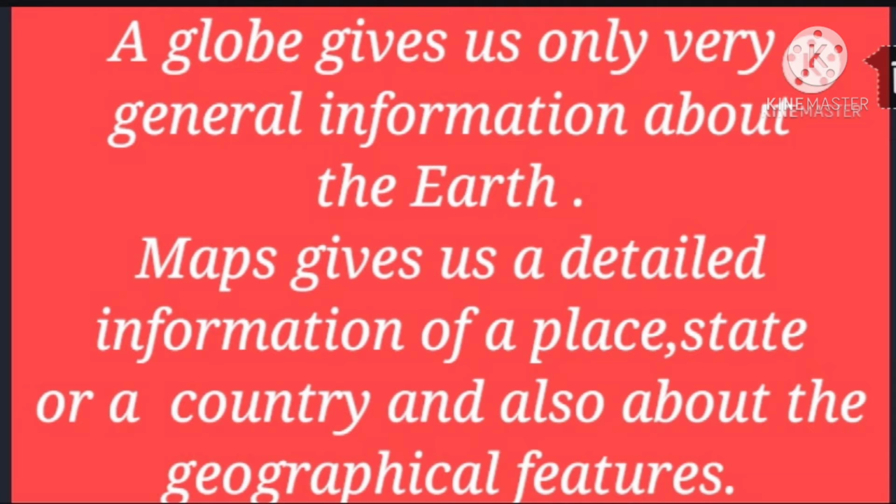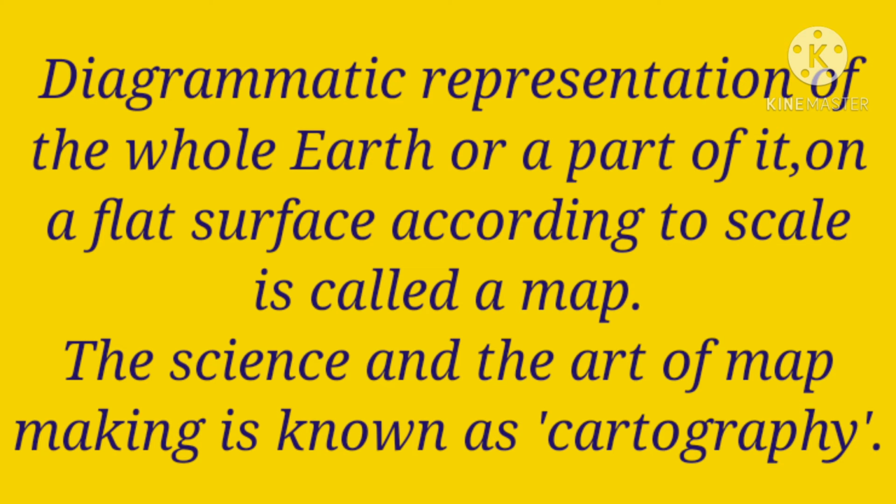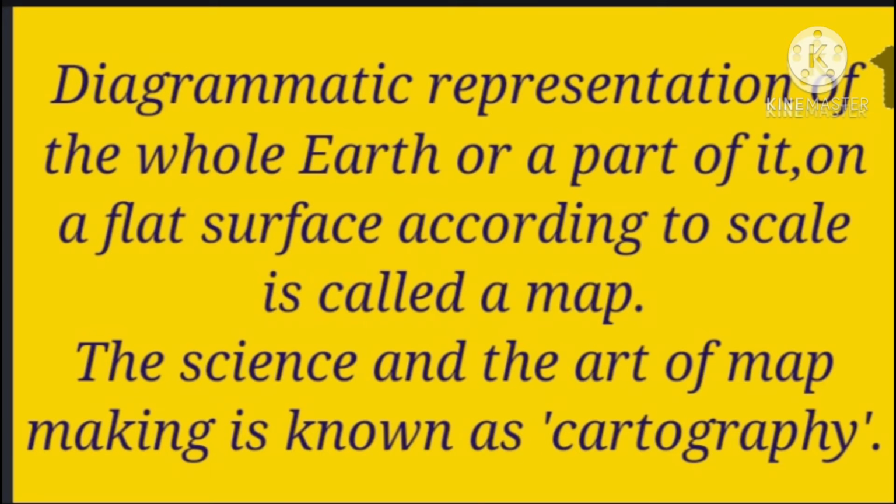A map is a diagrammatic representation of the whole earth or a part of it on a flat surface according to scale. The science and art of map making is known as cartography.